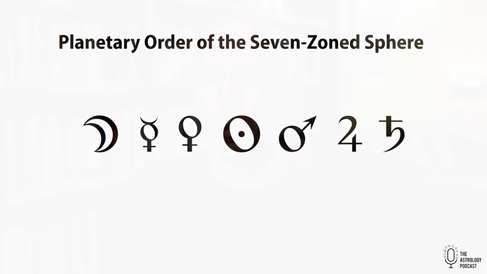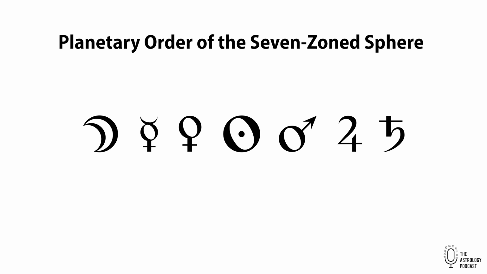All right, so first let me show a diagram that shows the order of the planets that I'm talking about so that you can visualize it right from the start. So here's a diagram that shows what I'm calling the planetary order of the seven zone sphere. This order is based on the speeds of the planets, which I'll talk about later.